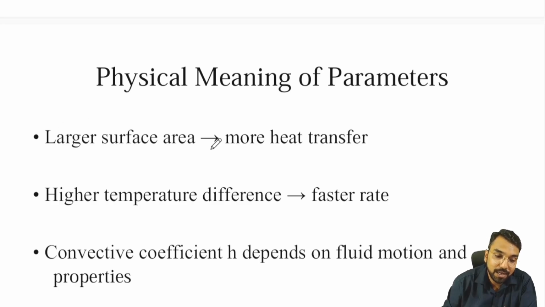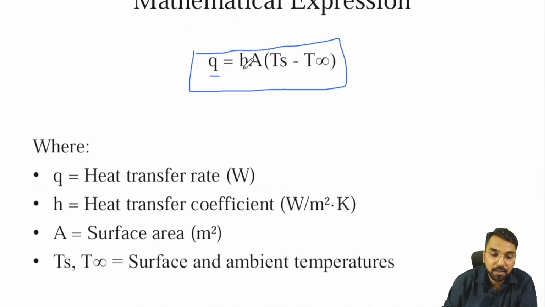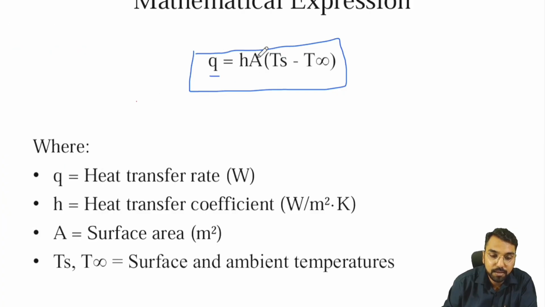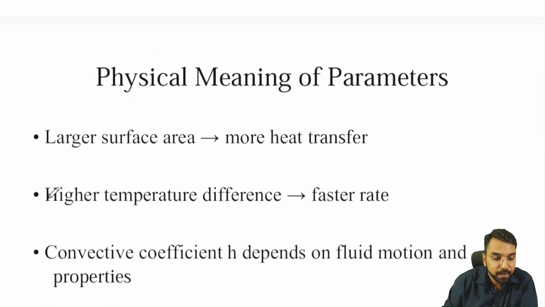The larger the surface area, the more the heat transfer. It's simple: in this equation, if we increase the surface area, then obviously the heat transfer will increase because they are directly proportional. And the higher the temperature difference, the faster the rate.